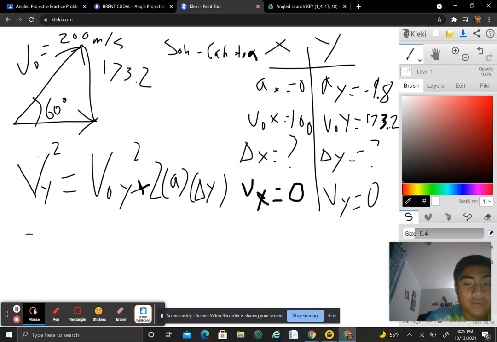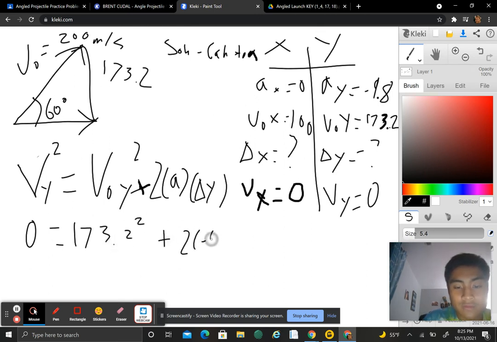Now we plug in our variables. v squared is 0, which is equal to 173.2 squared plus 2 times negative 9.8 times delta y.